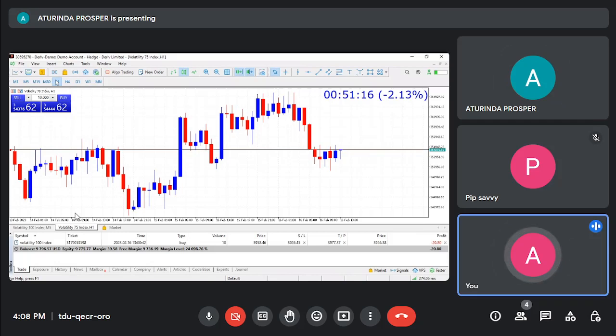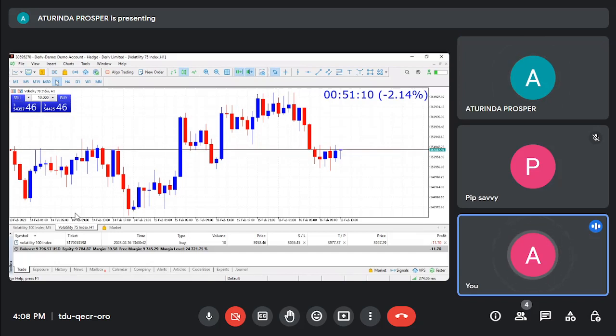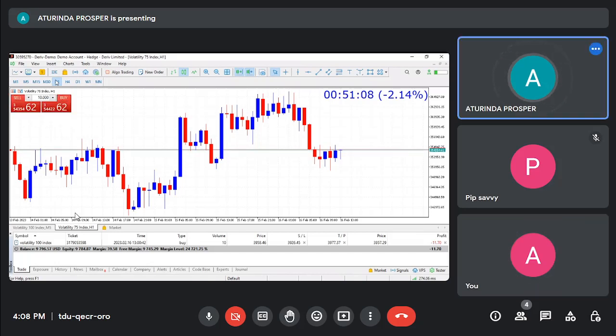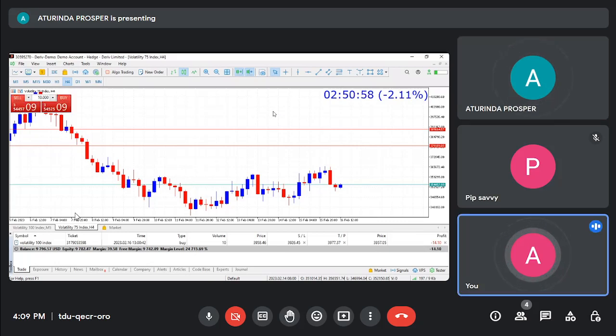Exactly. It's retracing, but it's going to continue with its swing up. Exactly. If you first go to 4 hour. Yeah, 4 hour. Yeah, it is going up. On a 4 hour, it's going up.